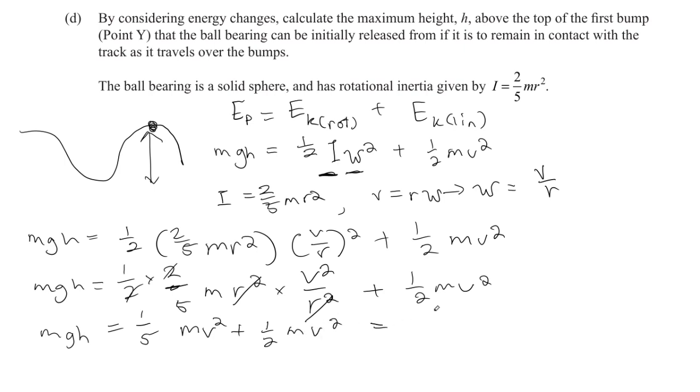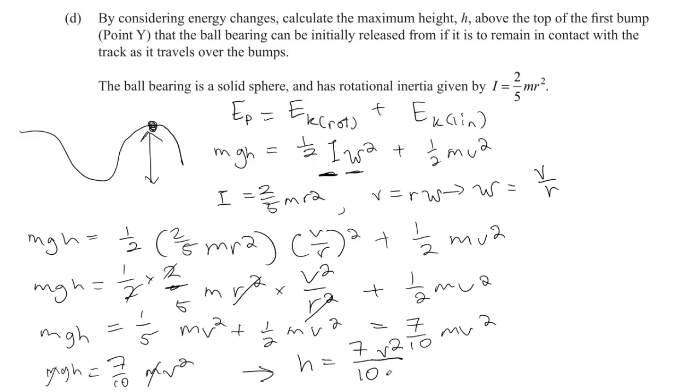And that's the same as 7 over 10 mv squared. So mgh equals 7 over 10 mv squared. So we cancel mass from both sides, and we get h equals 7 over 10 v squared divided by g, because we moved g to the other side.